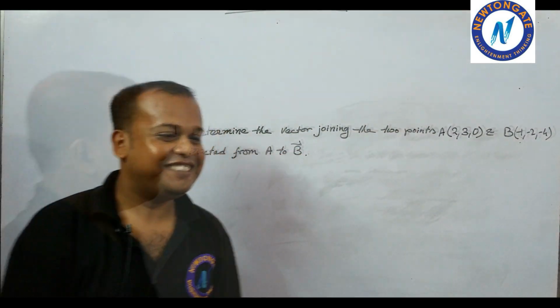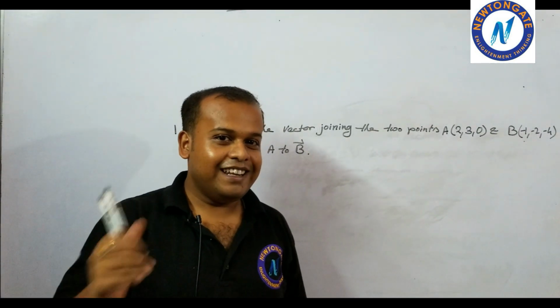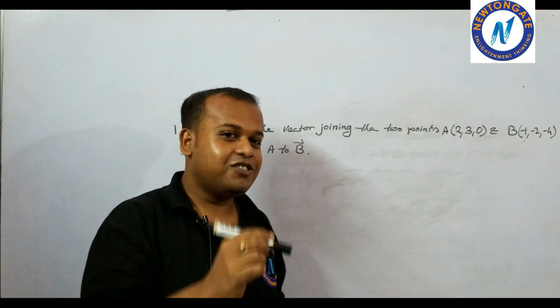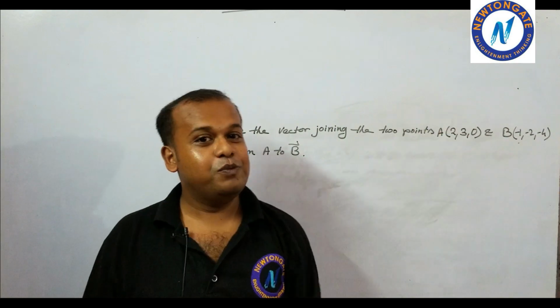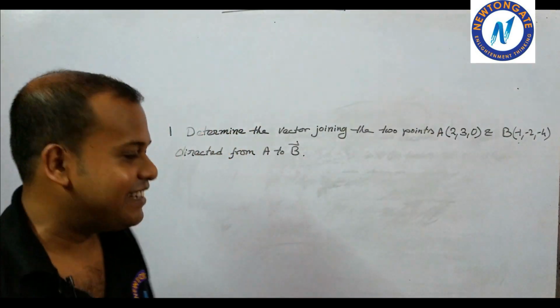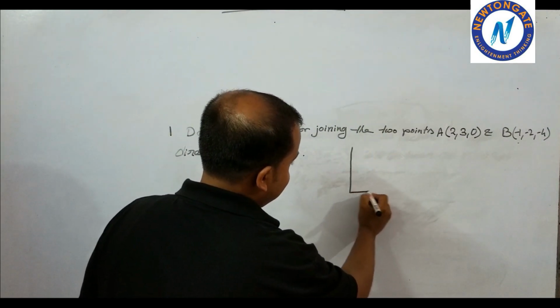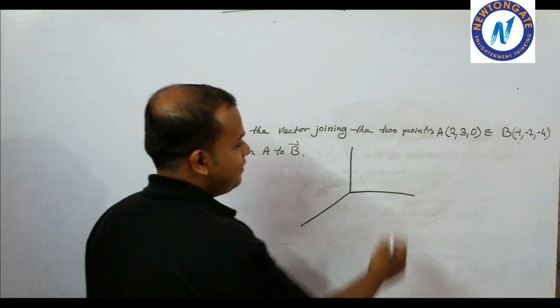Let us find out. Now to find the solution to this question, let us draw the 2 points in the coordinate system and try to draw the respective position vectors of these 2 points. So let us try to draw it. Now this is our standard 3-dimensional system.